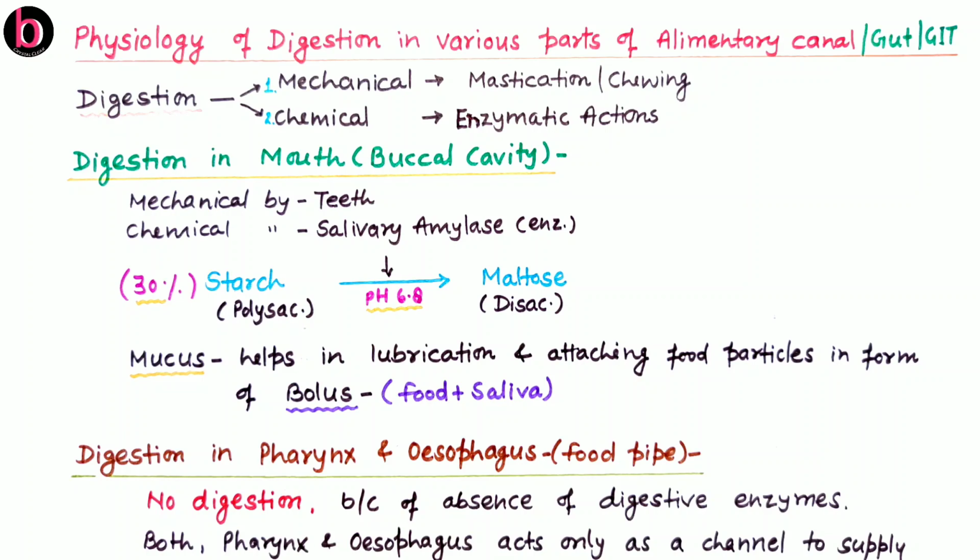So first, what is digestion? Digestion, as we discussed, is the breakdown of complex water insoluble food substances into simple water soluble food substances. That is, the conversion of polymeric complex food material into monomeric simple food material.